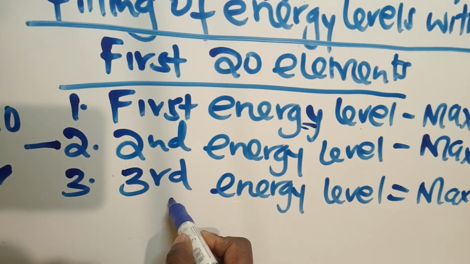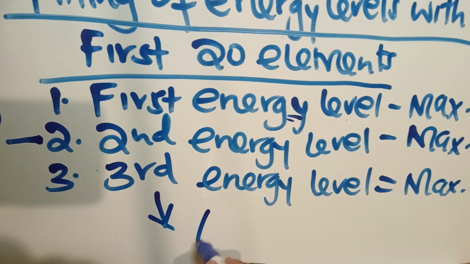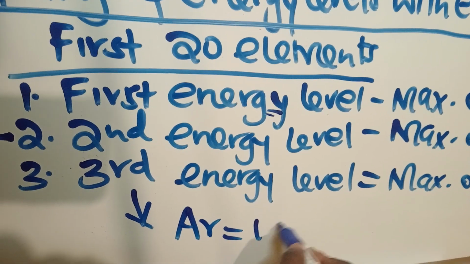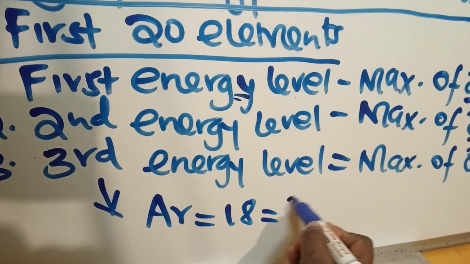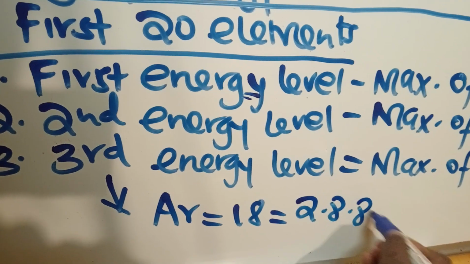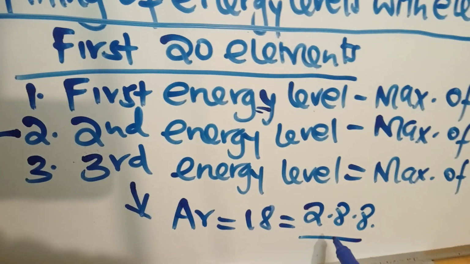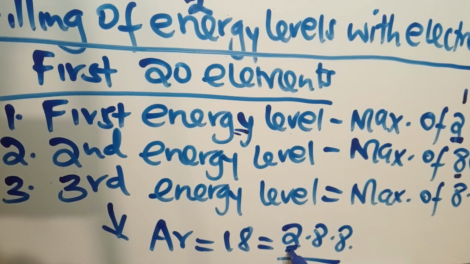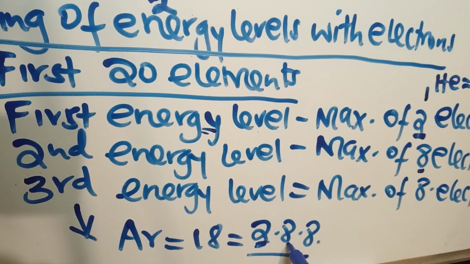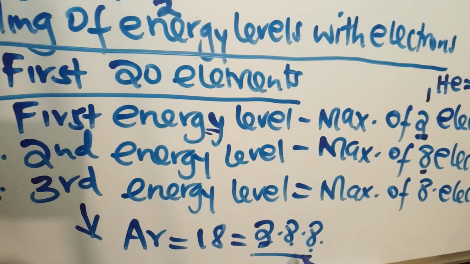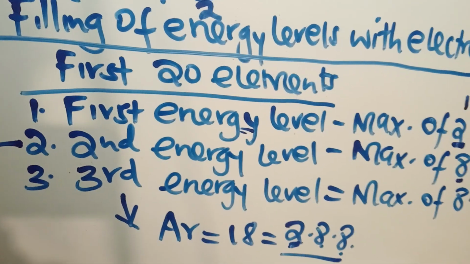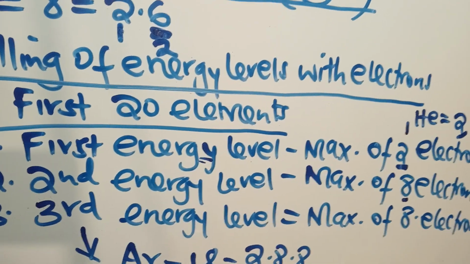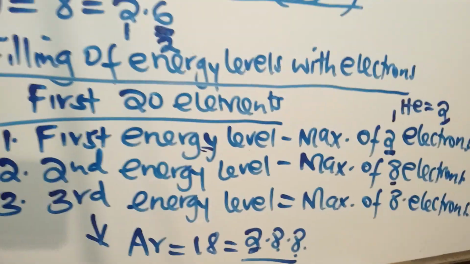And the element that fulfills this rule number 3 is argon, with atomic number 18, so electronic arrangement of 2.8.8. So argon has fulfilled the first rule with a maximum of 2 for the first, a maximum of 8 for the second, and a maximum of 8 for the third. So such atoms or elements that fulfill the 3 rules, either all of them or each one of them at a time, are said to be stable.